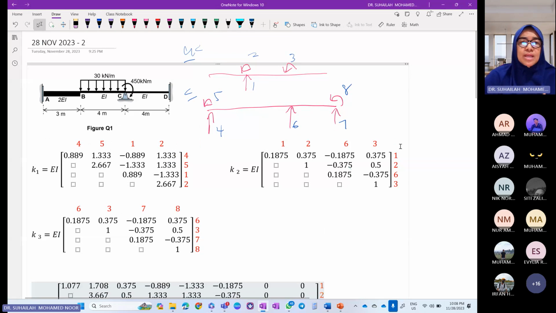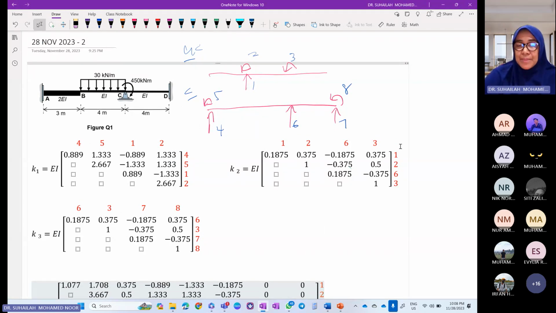After that, looking at the diagram, in beam analysis we normally have UDL. UDL means there is loading on the member.